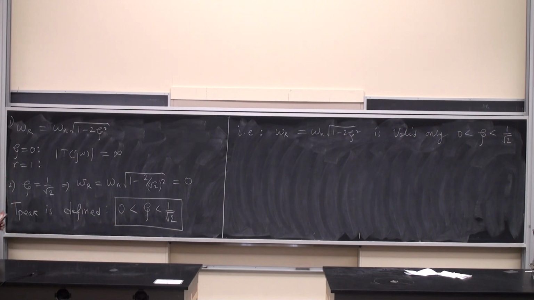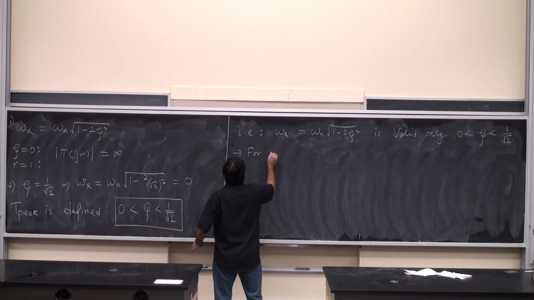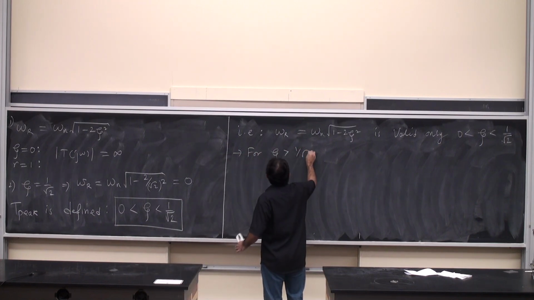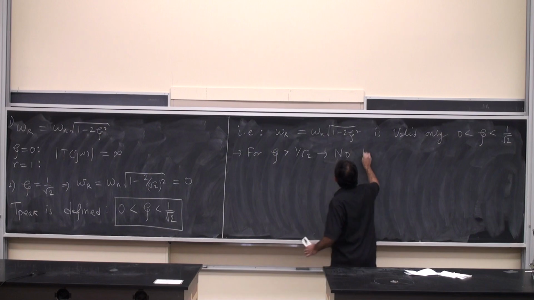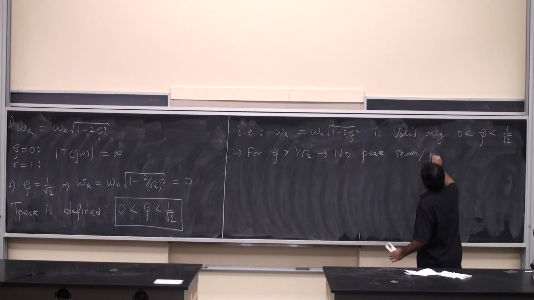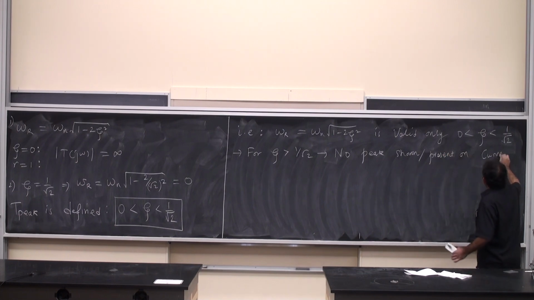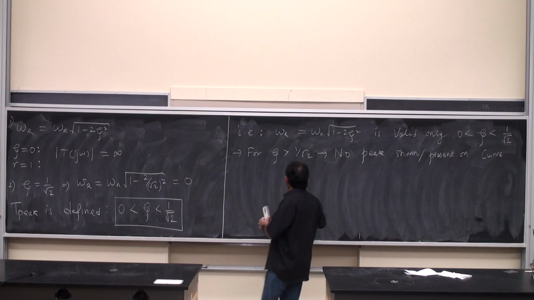There is no peak taking place. Okay? So zeta, no peak shown or present on the curve. And because of this, I'm going to redraw that curve again and show you.